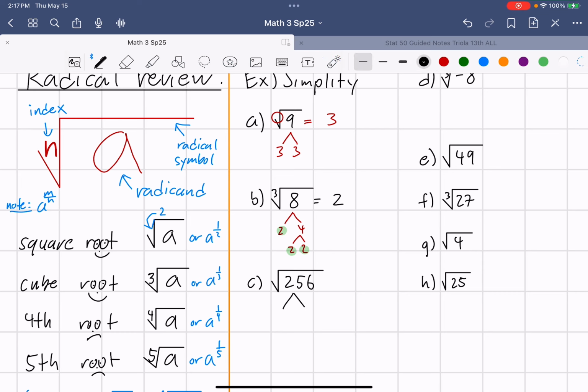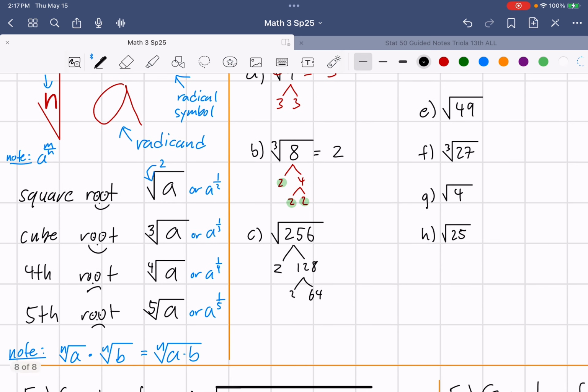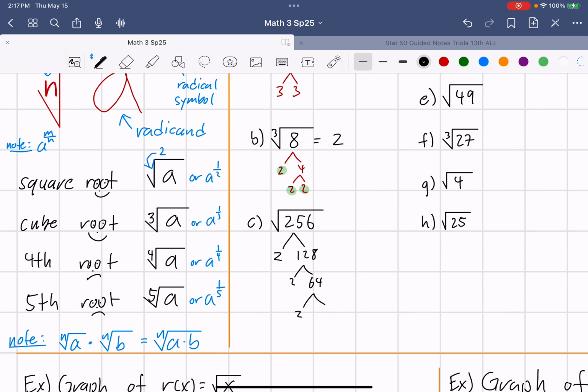So 2 and 128. You can do 2 and 64. 2 and 32. 2 and 16. 2 and 8. And then we're going to keep going a little bit further this way, just so we have room.